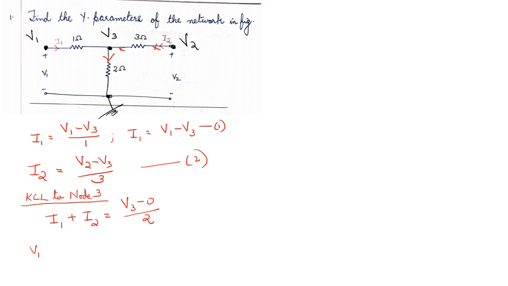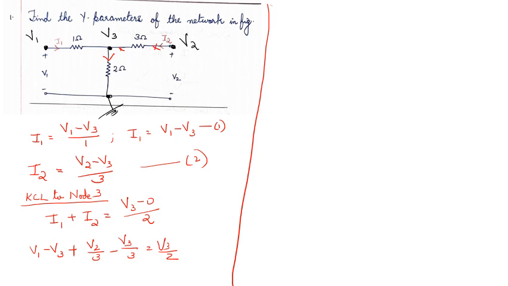I1 is V1 minus V3 plus I2 is V2 by 3 minus V3 by 3 equal to V3 by 2. That is V1 plus V2 by 3 is equal to 11 by 6 V3.